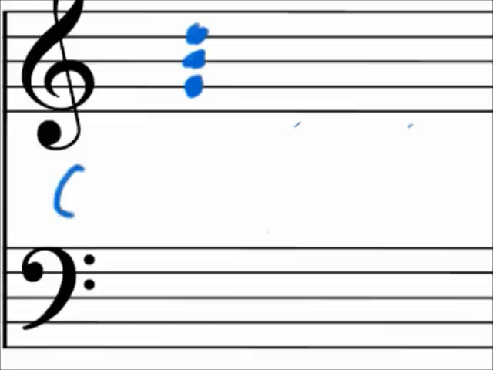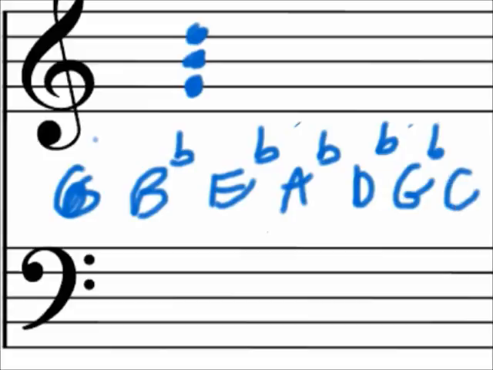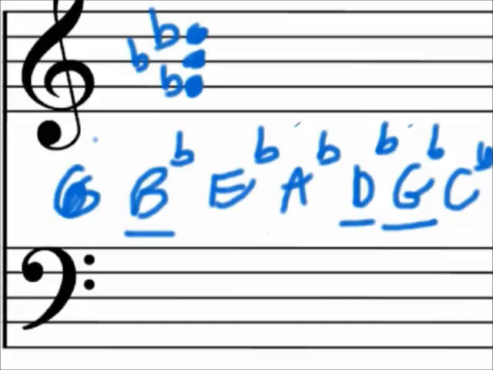You have B flat, E flat, A flat, D flat, G flat, and C flat. So you just go one past G flat, and it's pretty easy. And then you mark the flats you have, which happens to be all of them. There's the G flat, there's the B flat, and there's the D flat. And you put the flats beside them. That's how you would draw that on the staff.